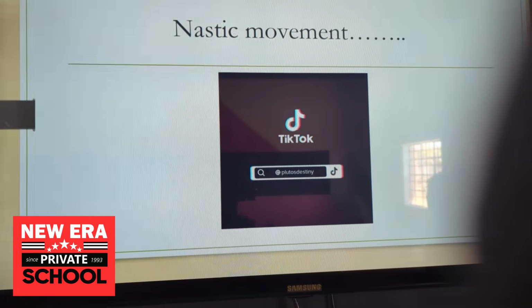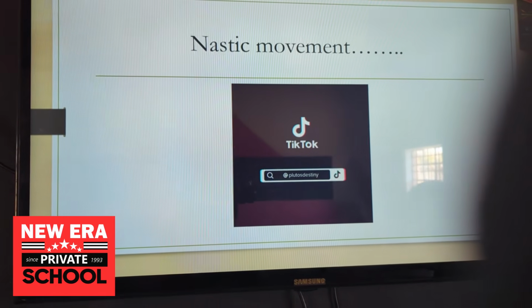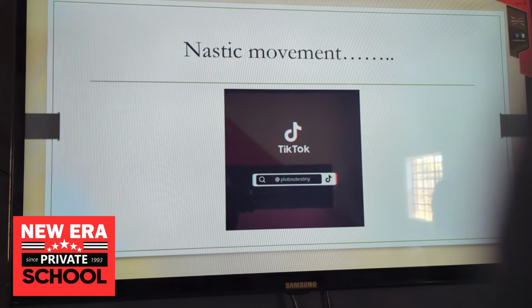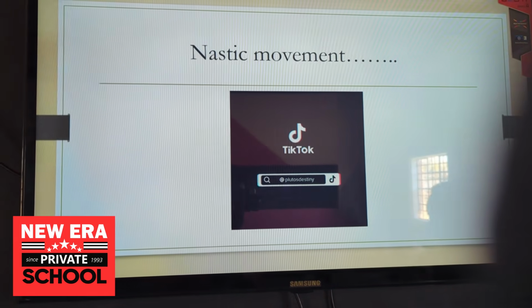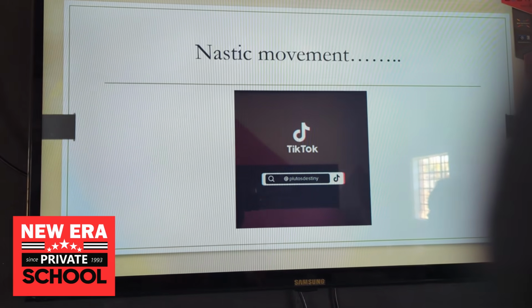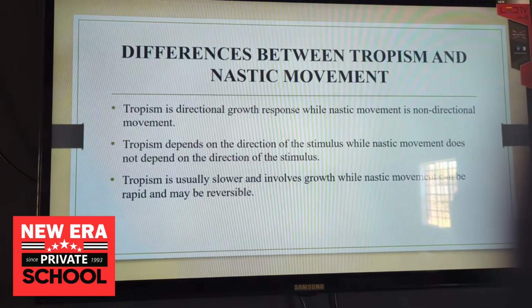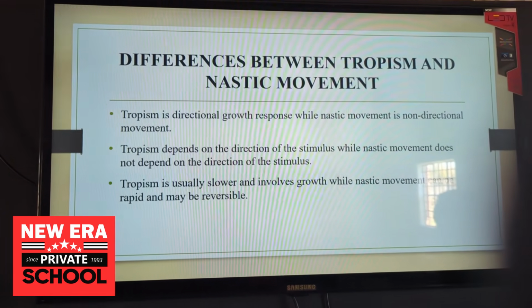You can see that after touching the Mimosa pudica, it folds its leaves. That movement we cannot call tropism. That is nastic movement.